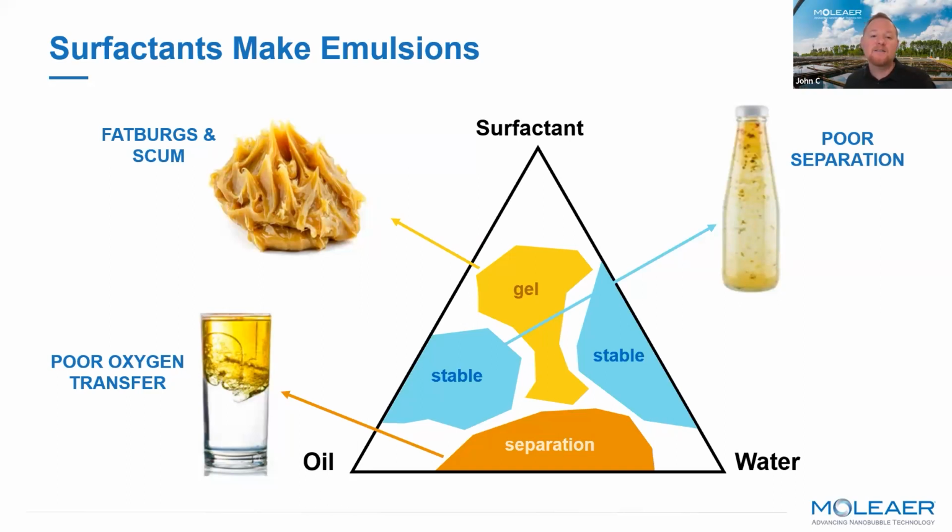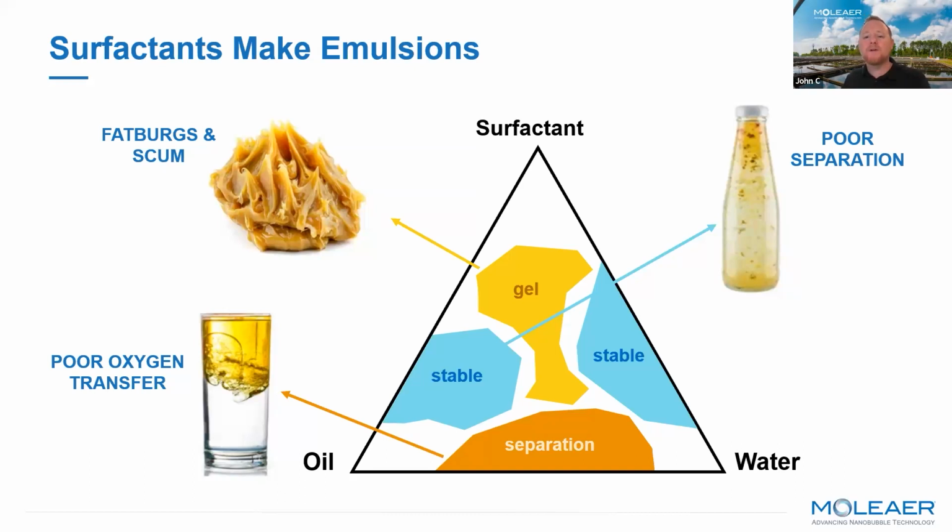As we add in an extreme amount of surfactant, we get what's in the top left corner of this diagram. And this is our scum. These are our fatbergs. This is what it looks like when solids accumulate. And this is a stable emulsion that we call a gel when we have a lot of oil and a lot of surfactant together.